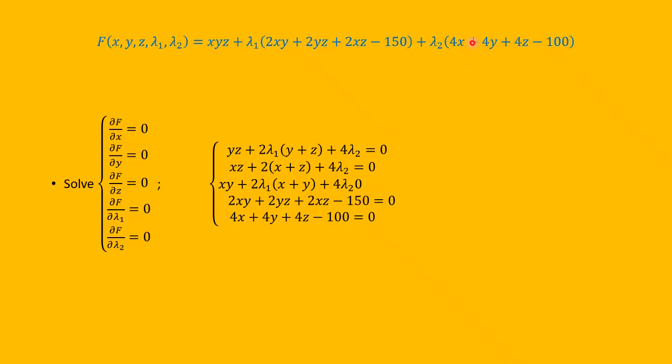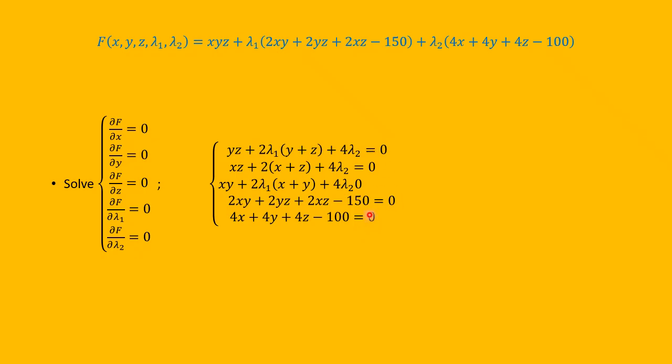And when you differentiate this last term with respect to lambda 1, there's no lambda 1 in this term, so that's 0. So this equation just gives us that constraint equation. Similarly, the partial of capital F with respect to lambda 2 equals 0 just gives us the other constraint equation.